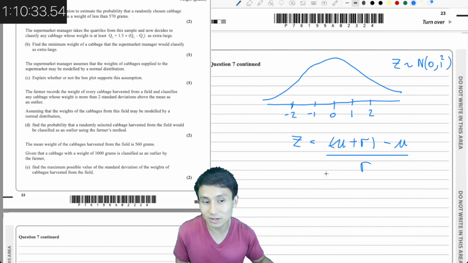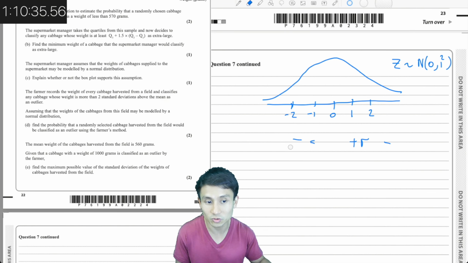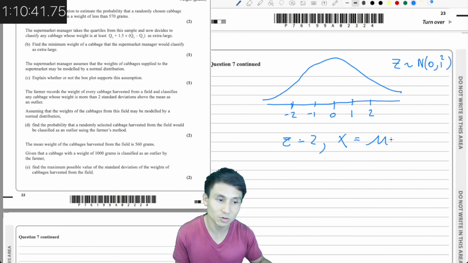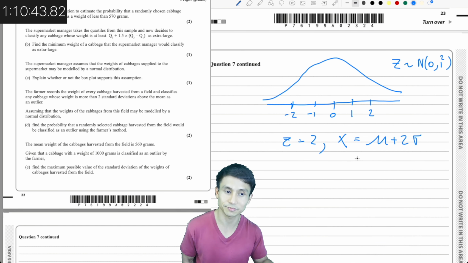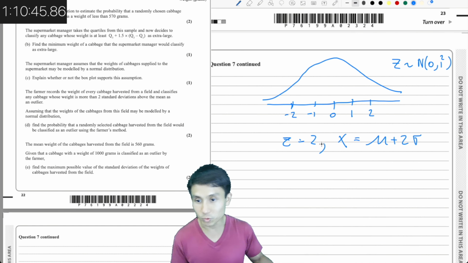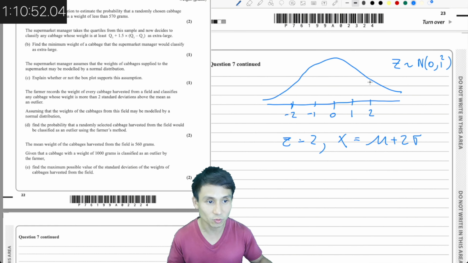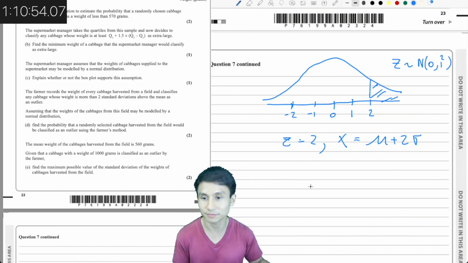So in our case, when Z equals 2, the X value would be mu plus 2 standard deviations. And we want to find the probability that a randomly selected cabbage is an outlier. So we want to find this probability here.